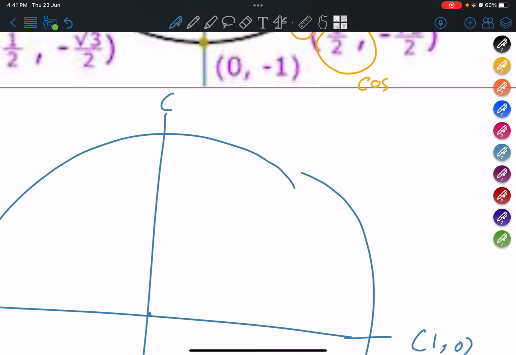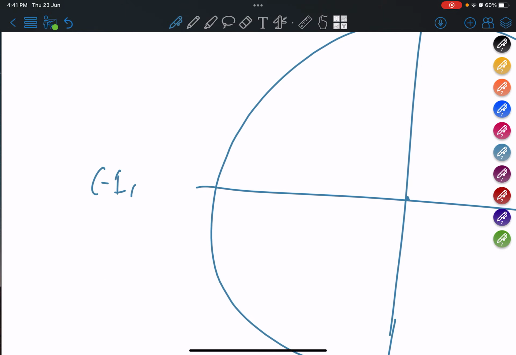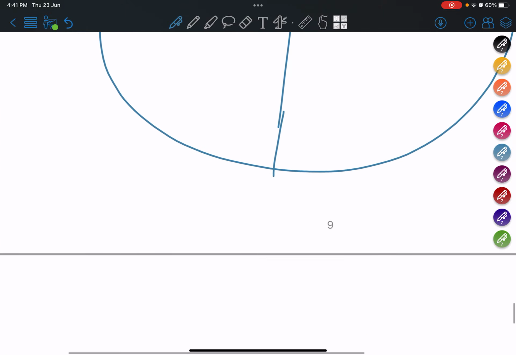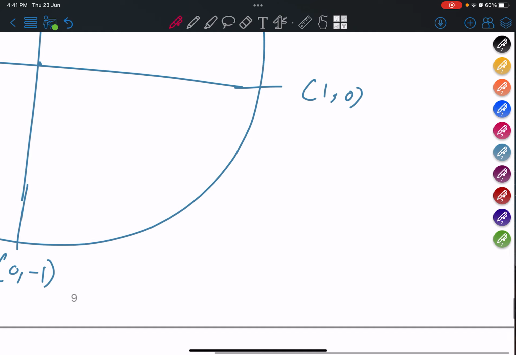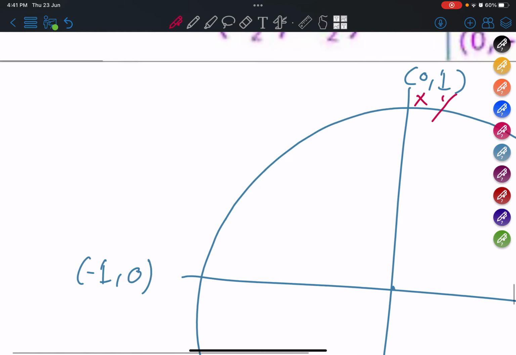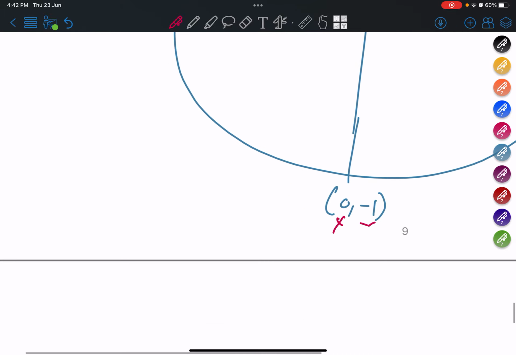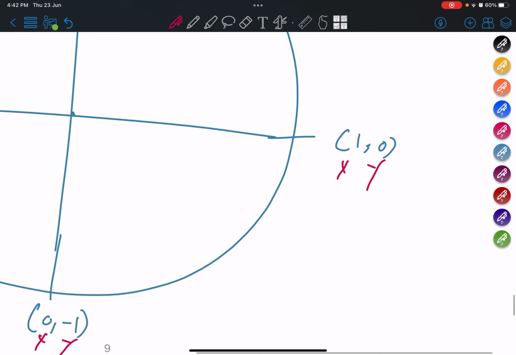And if this was 0, then y will be 1. Here it will be negative 1, 0. And finally, here it will be 0, negative 1. And as I've said, this will represent x and y. And we've already said that x represents cosine and y represents sine.